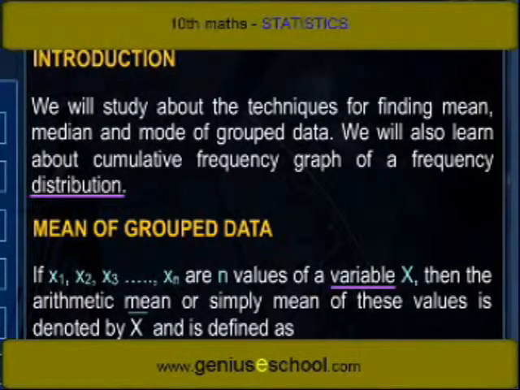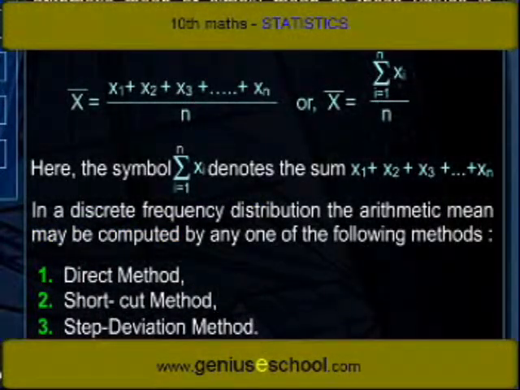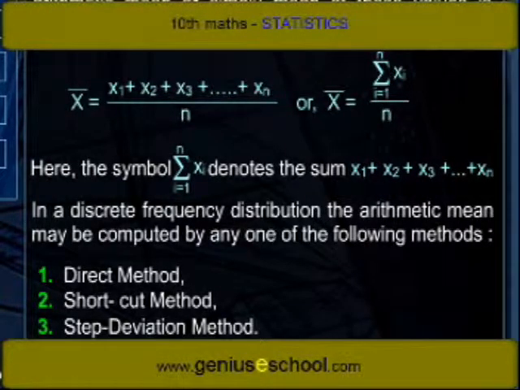Mean of grouped data. If x1, x2, x3, and so on to xn are n values of a variable x, then the arithmetic mean, or simply mean, of these values is denoted by x bar and is defined as x bar is equal to x1 plus x2 plus x3 plus so on to plus xn upon n, or x bar is equal to summation i is equal to 1 to n xi upon n.